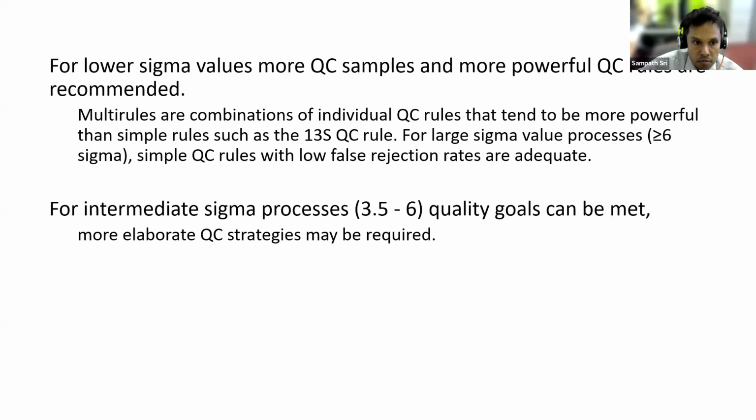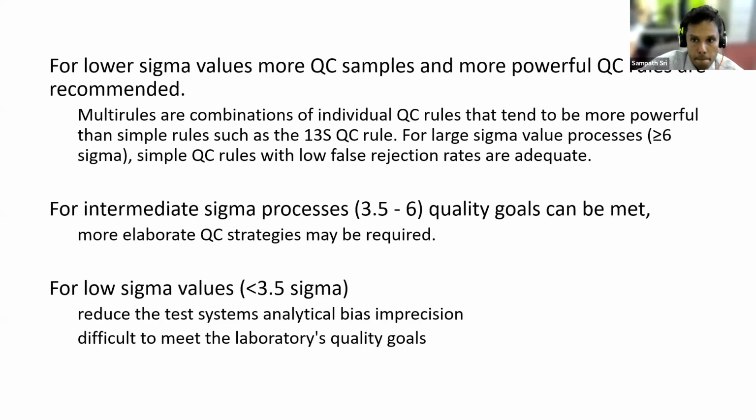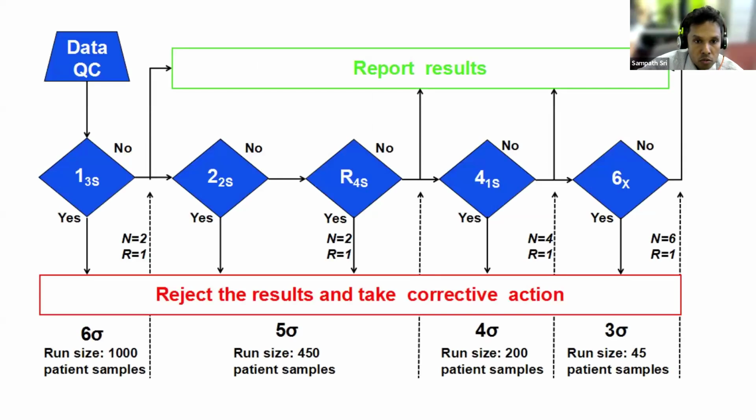So this is what I said earlier. Let's say if we have 6 sigma, then we can use only one rule, like 1:3S, and 2 controls, and our QC frequency is like 1 in 1,000 samples.